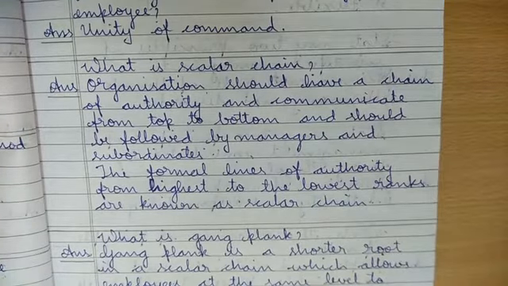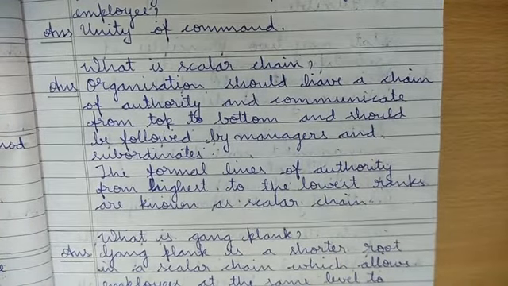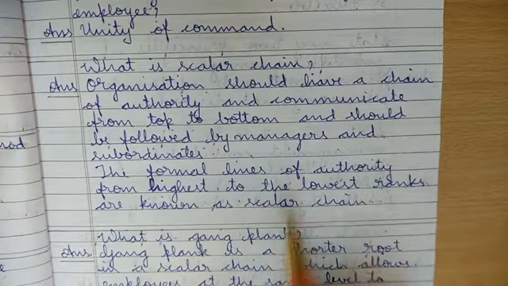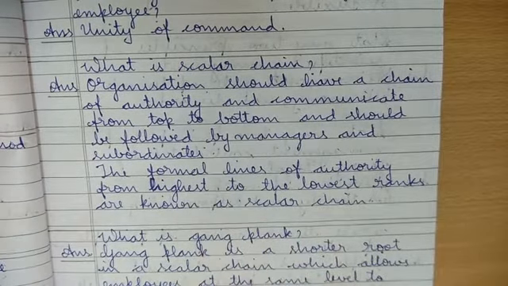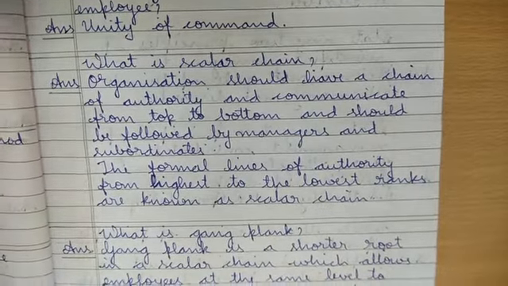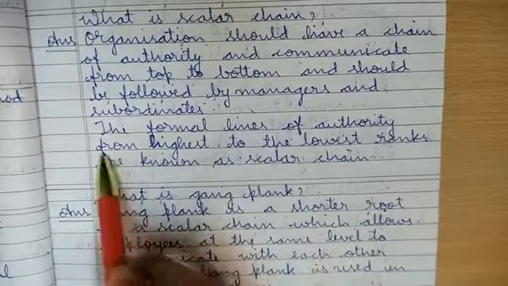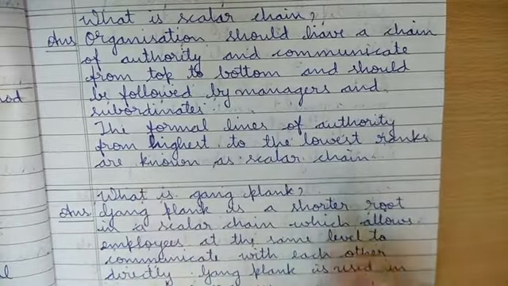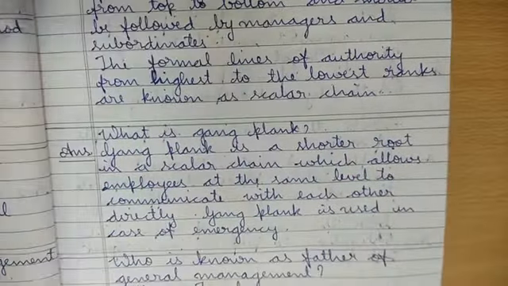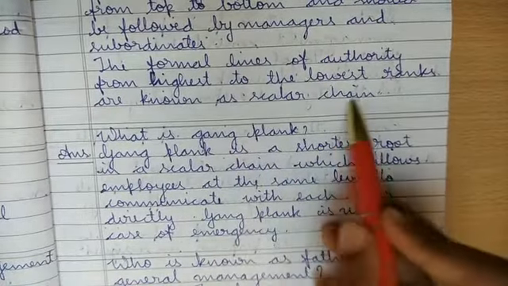For example, I'm saying, they say there should be a friendly relation between them. Even a manager and a subordinate should have a friendly relation. So in short, formal lines of authority from the highest to the lowest ranks are known as scalar chain. Authority should be from the highest to the lowest rank.